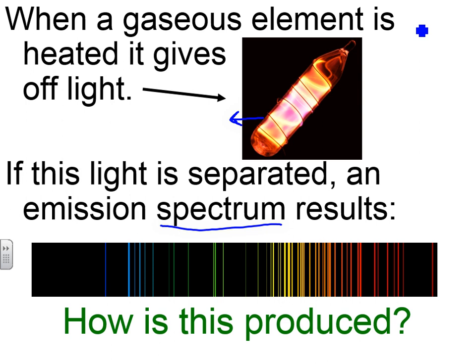And what you see is a spectrum with a bunch of thin lines spread over the entire visible spectrum. And the question is, how are these lines produced? There's a lot of them, and they are related somehow to the electrons inside of these atoms. And this is really the key to understanding how light and electrons are connected.